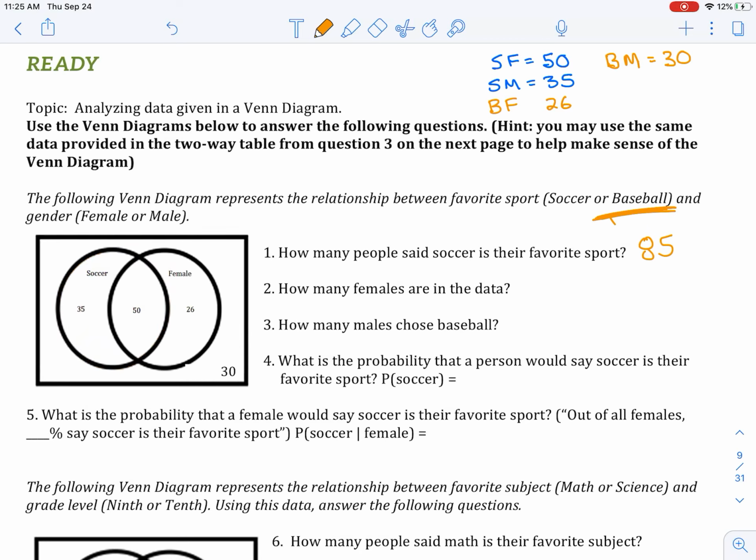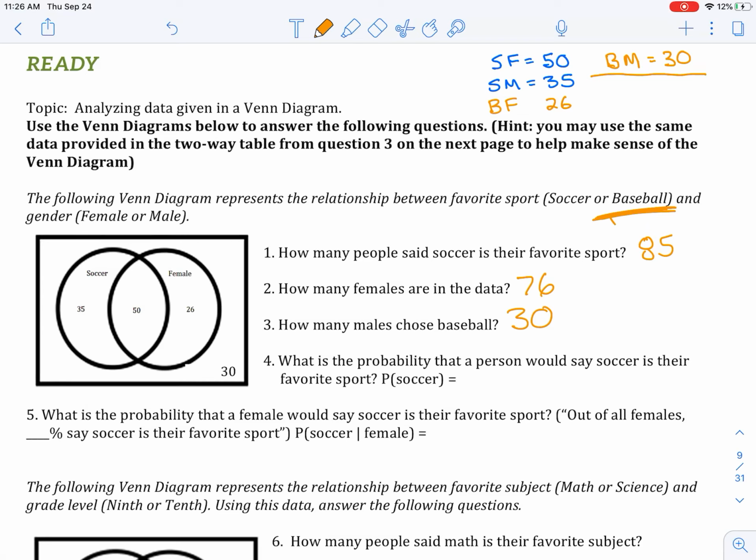Well, I would look at the female circle, and I would go 50 plus 26. How many males chose baseball? Now I would look up here at what I wrote. Baseball males is 30.